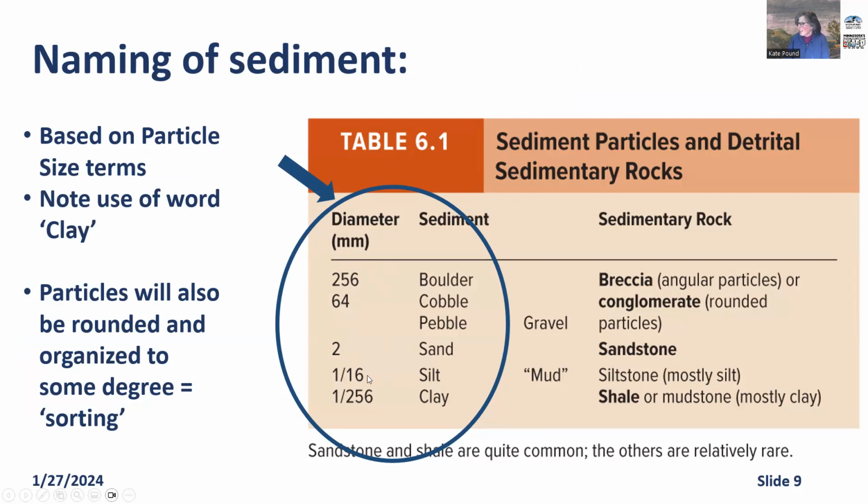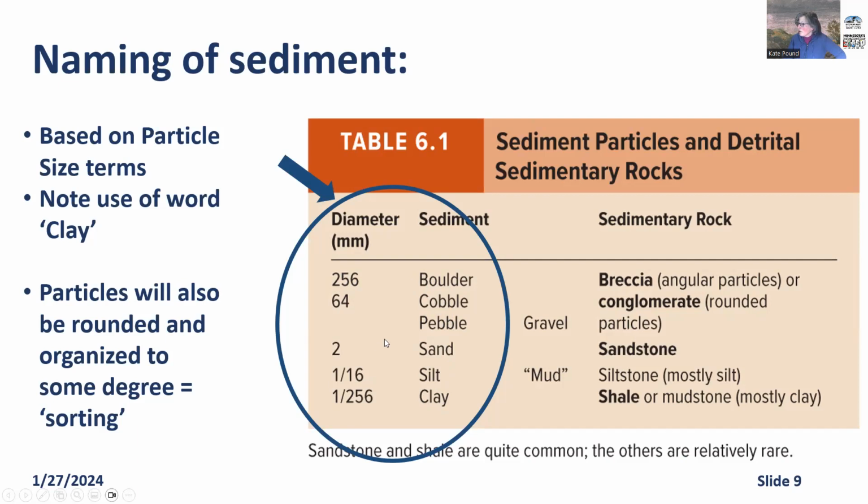The words tied to this are clay, silt, sand, pebble, cobble, and boulder. So the 256 millimeters or 25 centimeter diameter is the smallest possible size for boulder.